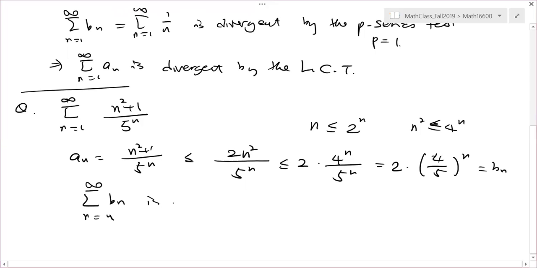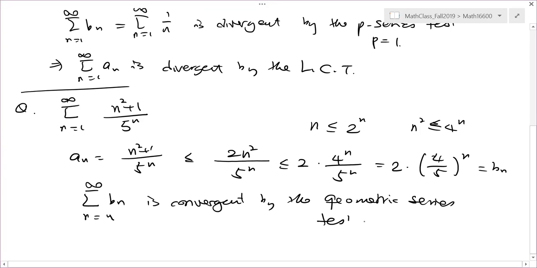So first of all, this is convergent by the geometric series test, with r equals 4 over 5, which is less than 1. You have to indicate that.